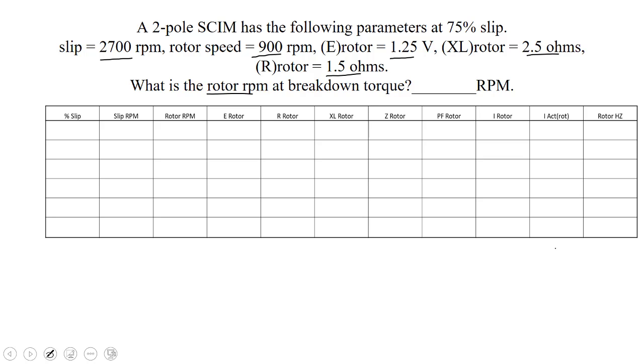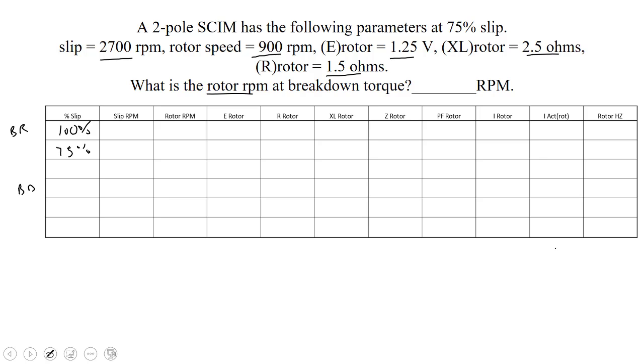Okay, so what we've done with this before is we bring our values at 75% that we need up to 100% slip, or its blocked rotor value. So here's my blocked rotor values. That's 100% slip, and then here would be our values at 75% slip. And it wants to know, what are the values at breakdown?